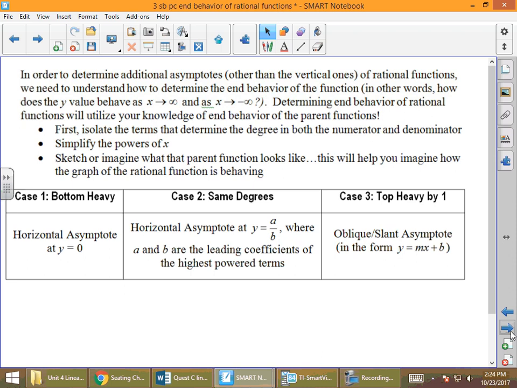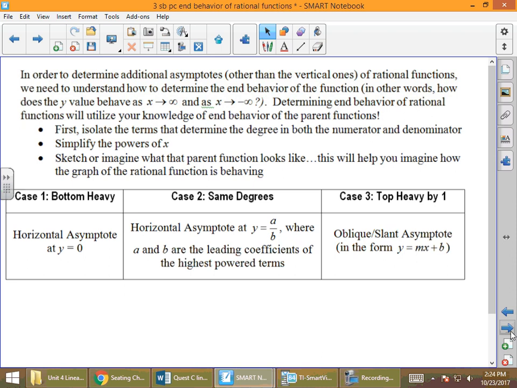In the second case, we came up with the fact that the horizontal asymptote was approaching some value of a over b, where a and b are the leading coefficient in front of the highest degree on the top of the fraction, and the leading coefficient on the bottom, which is the number in front of the highest degree term in the bottom of the fraction.